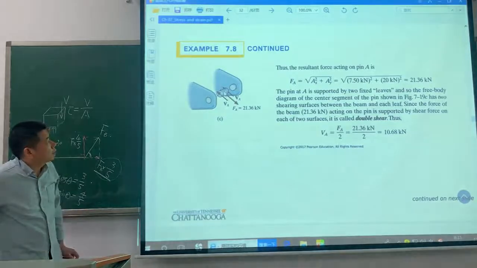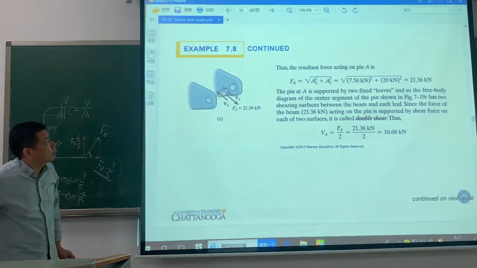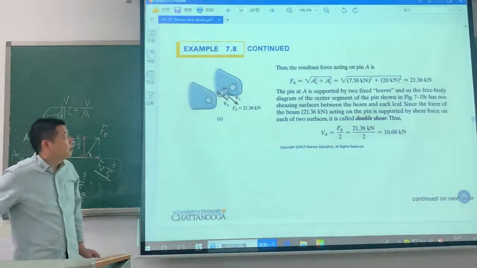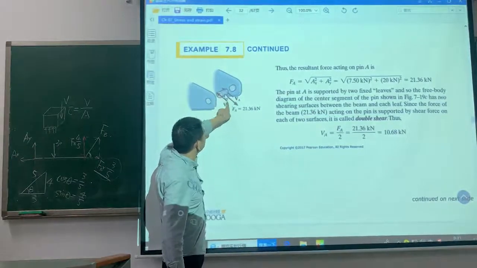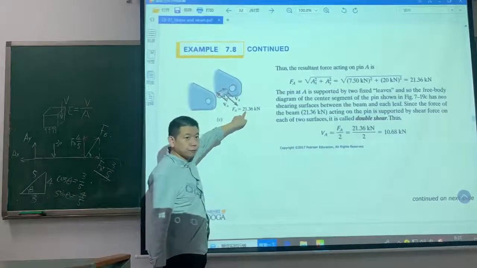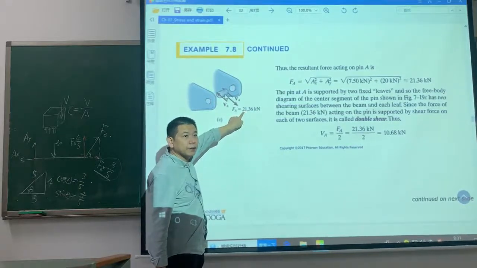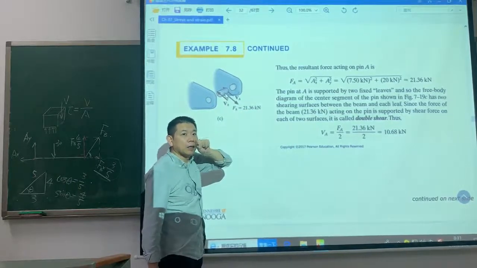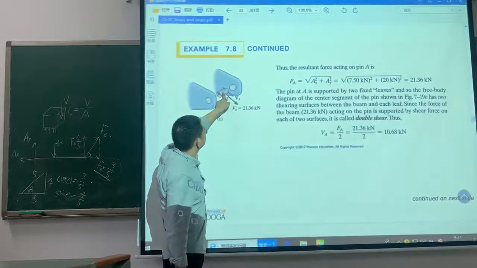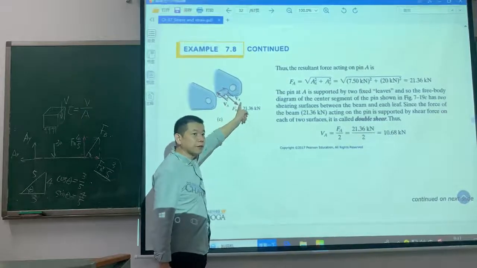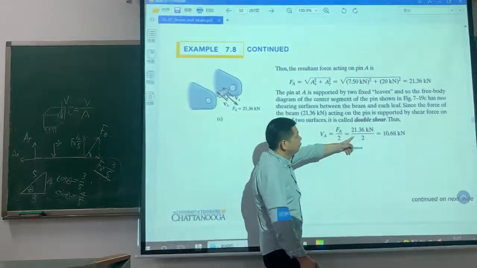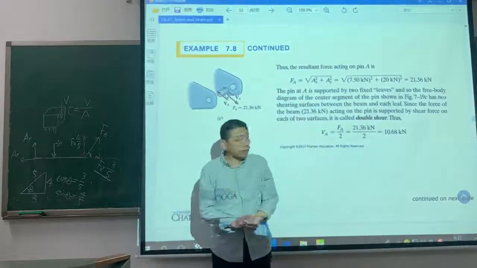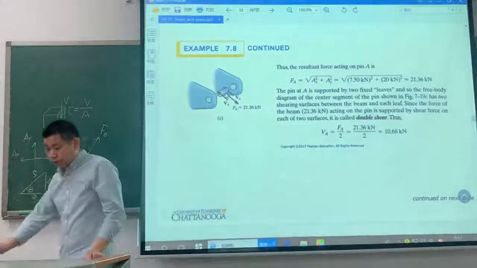From the free body diagram of pin A, we can find VA. How much is VA? VA is half FA, because there are two shear sections, so VA is half FA. So half FA is 10.68 kilonewton.